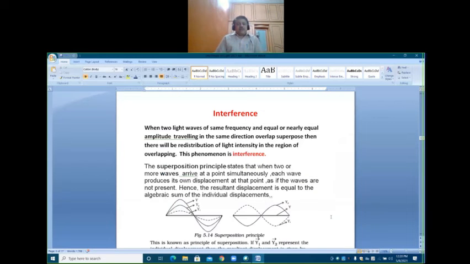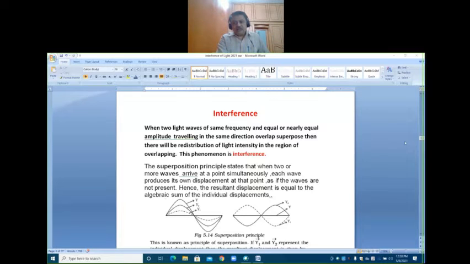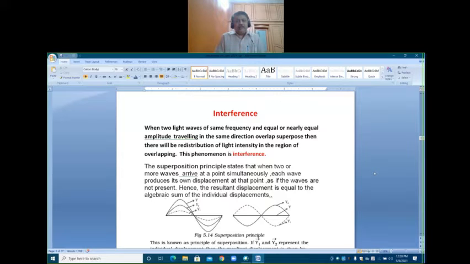As we have seen yesterday, in interference we tried to understand that when two light waves of the same frequency and equal or nearly equal amplitude travelling in the same direction overlap or superpose, there is a redistribution of light intensity in the region of overlapping.